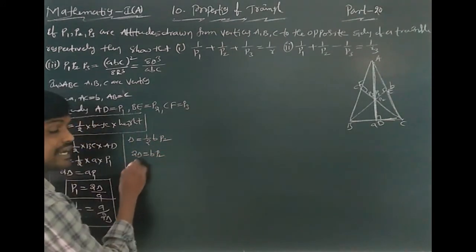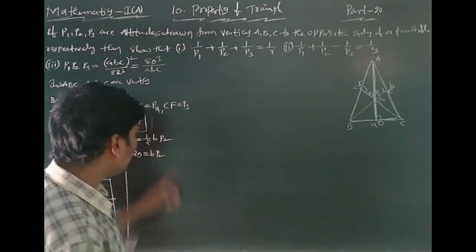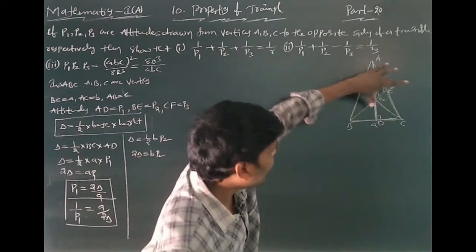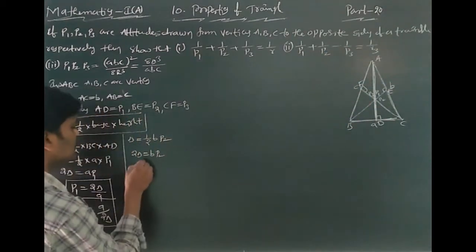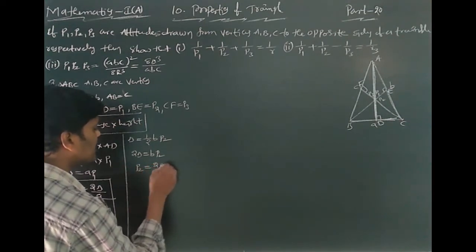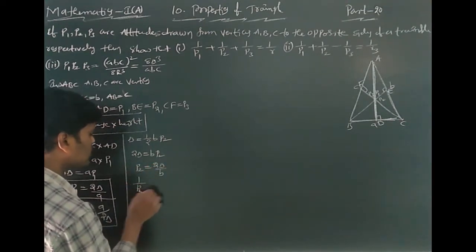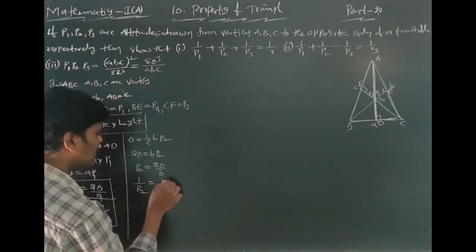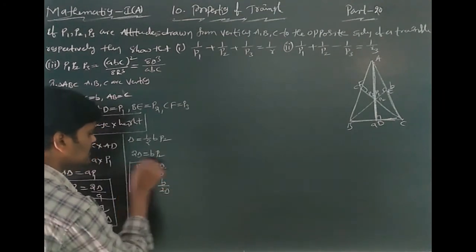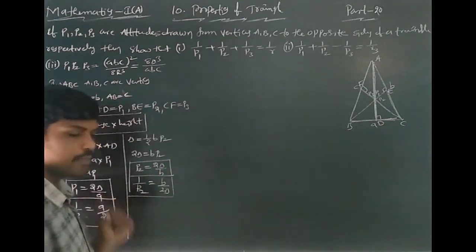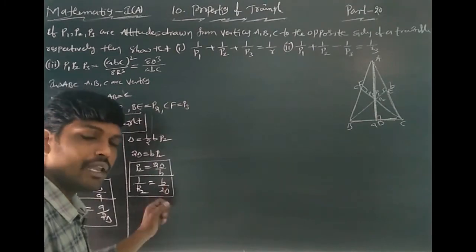Here base is b, height is P2. Then P2 equal to 2 delta by b, and 1 by P2 equal to b by 2 delta. This is the P2 value and 1 by P2 value.